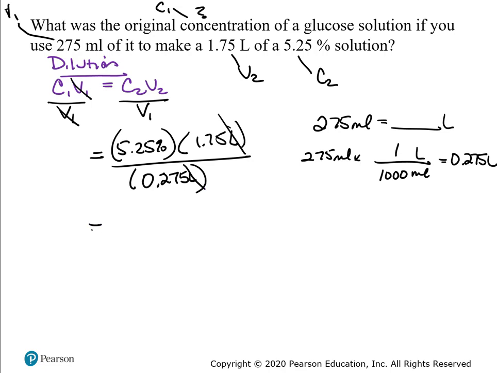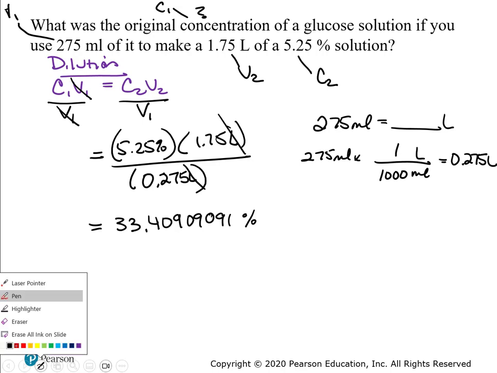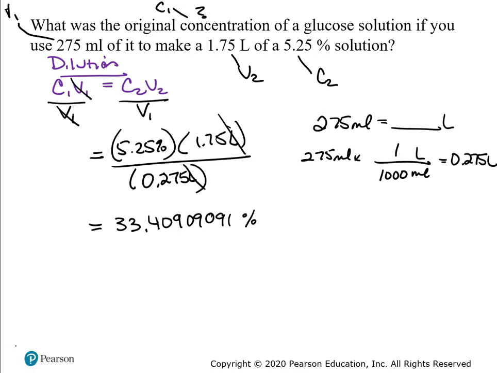I got, tell me if that's right, 33.4090991, and that would be percent. Yes? Can I keep all that? No. So go back to the original problem. 2.75 has 3, 1.75, 5.25, so pretty much 3 is our significant figures.